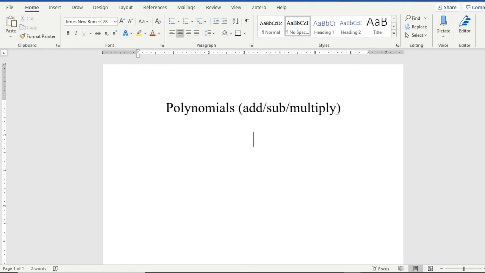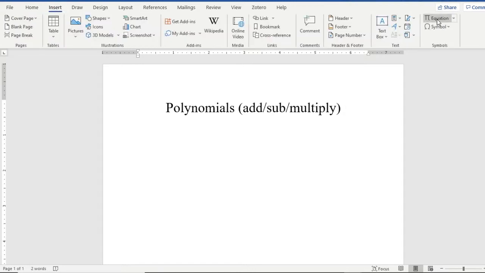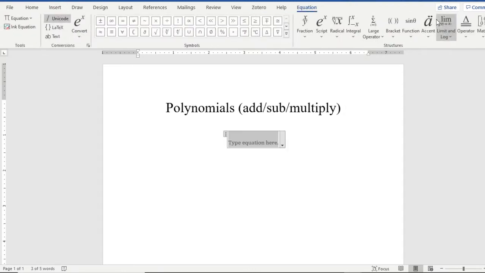Alright, so adding and subtracting and multiplying polynomials may seem difficult. First, we gotta figure out what a polynomial is. A polynomial is any expression that is 3 or more terms. So that's normally in the sense of a x to the n, plus or minus, I'll put plus, b x to the n minus 1.